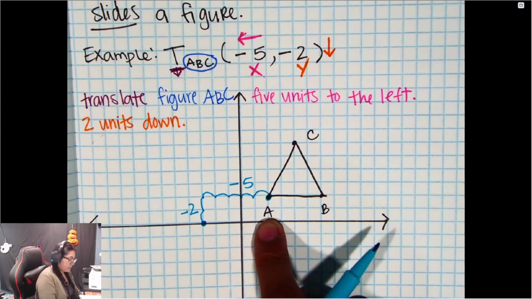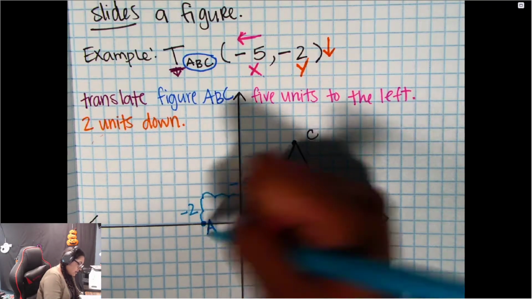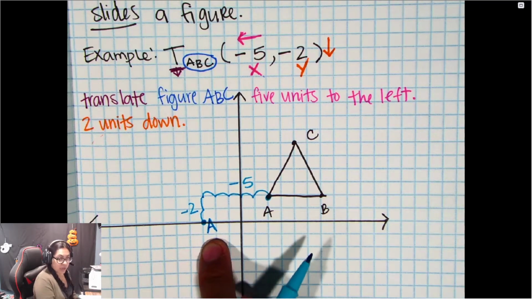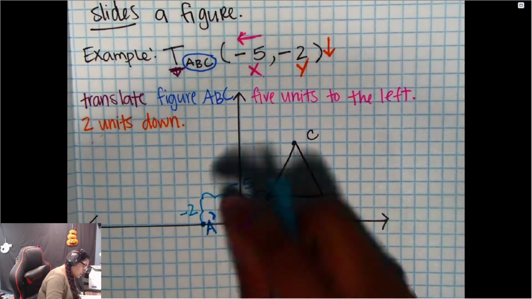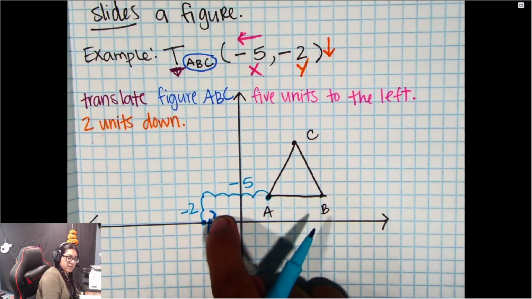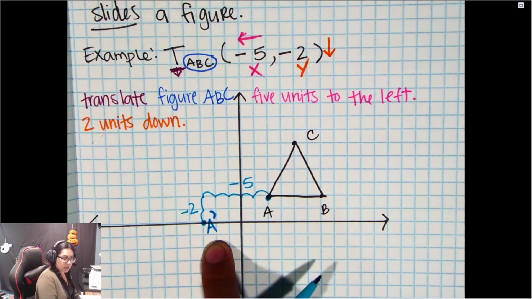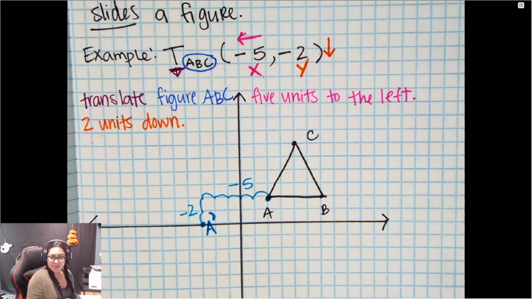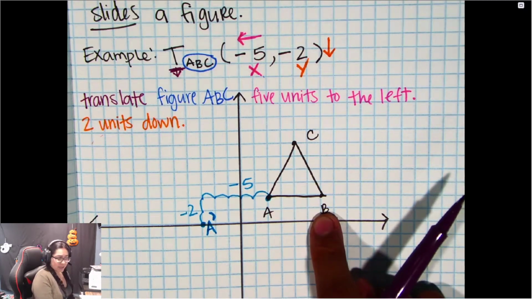We moved point A. You have to make sure that you actually label this correctly. This is still point A, but we translated. Remember that we use this notation, the prime notation, to let us know that this is our new point, the one that we translated. Don't be trying to do anything else that's weird. You're going to do the same movement for all of your points. For example, I'll use a different color so that it doesn't mess you up. I'm going to grab B and do the exact same thing.